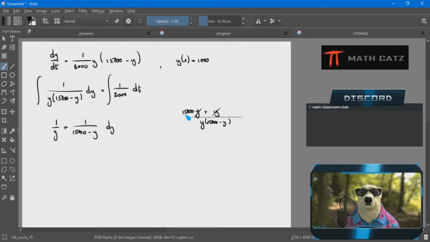So my y's do cancel, I get 15,000. Yet I have to get a 1. How can I manually adjust that? Well, simple enough. I just have to put a 1 over 15,000 in front, and then it'll cancel with this 15,000.